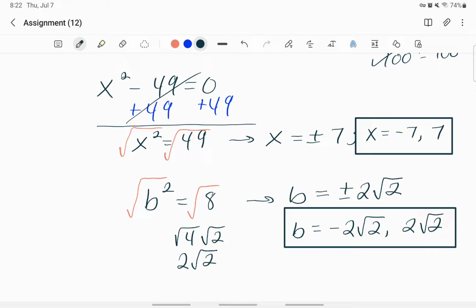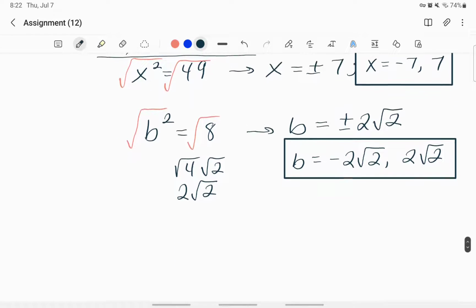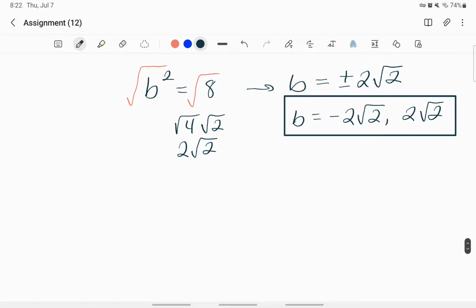Let's do 2 more. Let's suppose we have 2x minus 7 squared, and that's equal to 36. To solve for x, I will need to apply the square root to both sides.